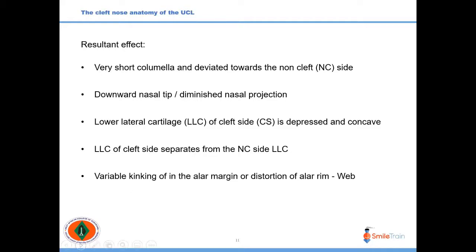The lower lateral cartilage of the cleft side also separates from the lower lateral cartilage on the non-cleft side. And lastly, there may be variable kinking at the alar margin or distortion of the alar rim, which we see as the webbing of the alar.